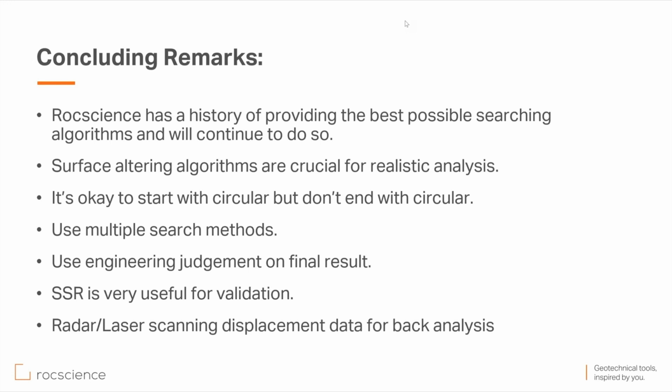So I think it really depends a lot on the problem you're trying to solve, but be wary of how you're doing your searching and what kind of materials you have. And please do not stop with circular. Please use some of these more advanced methods for hunting for the global minimum, using these optimization methods and surface altering and all the work that we've done over the last 15 years or so.